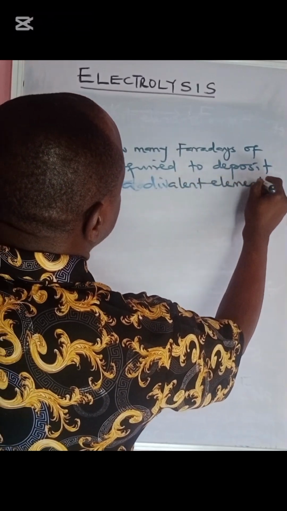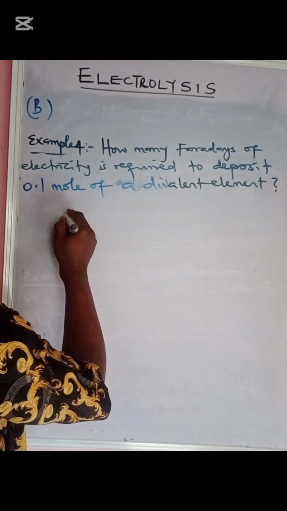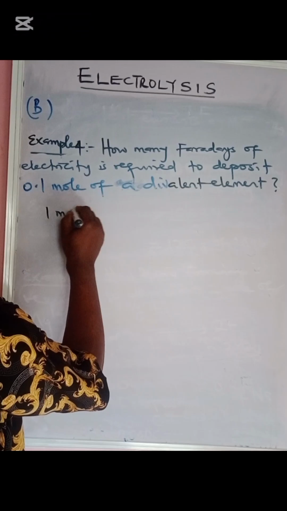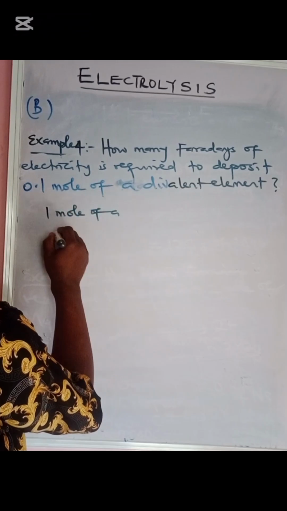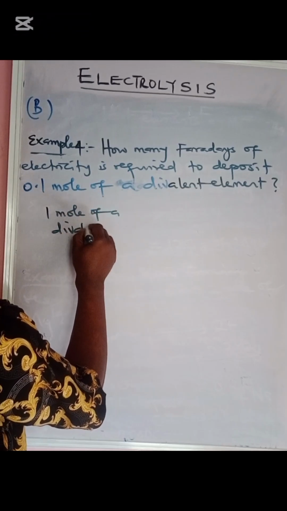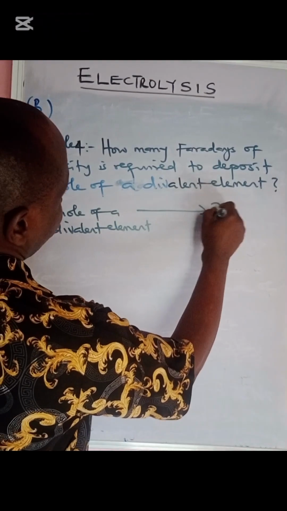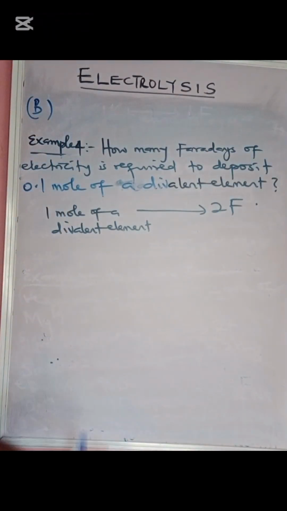We say for a divalent element, 1 mole of a divalent element will require 2 Faraday. It is divalent.